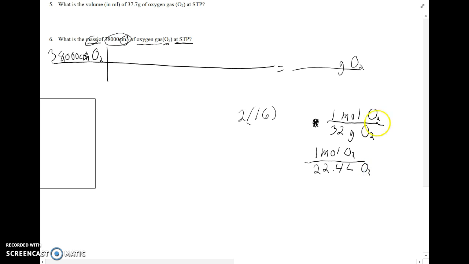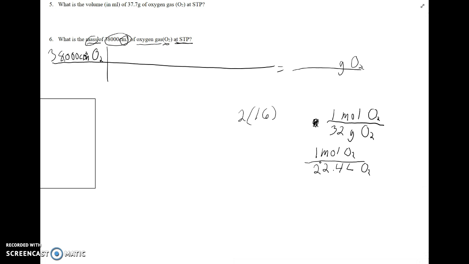So I am going to need these 2 conversion factors, conversion factor number 2, the molar mass conversion factor, and conversion factor number 3, the Avogadro's law conversion factor, to solve this problem.